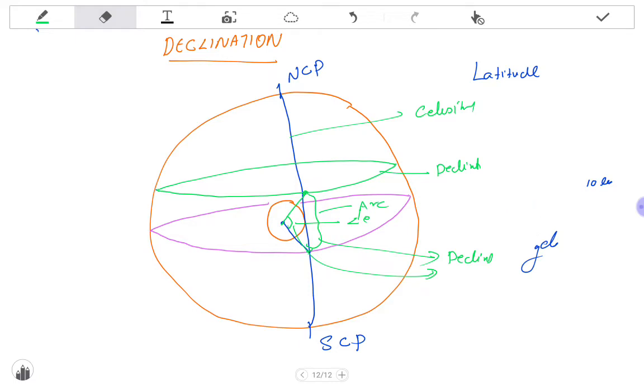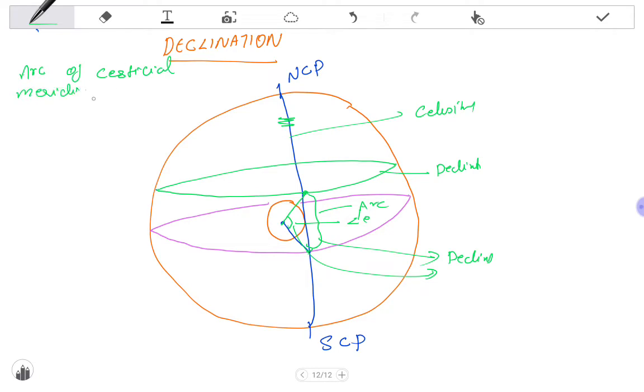For explanation purposes, the actual definition of declination we can write as: it is an arc of a celestial meridian, or an angle at the center of the celestial sphere.